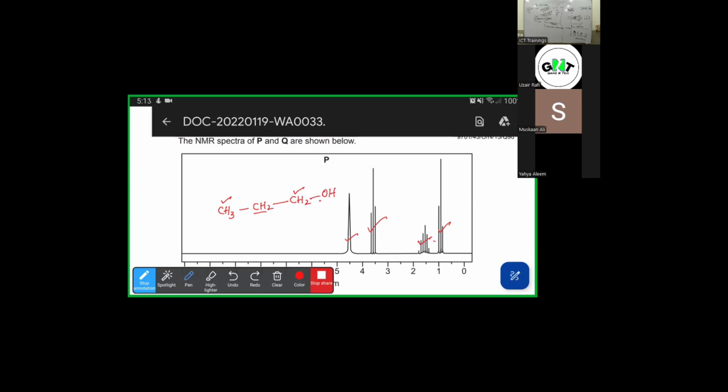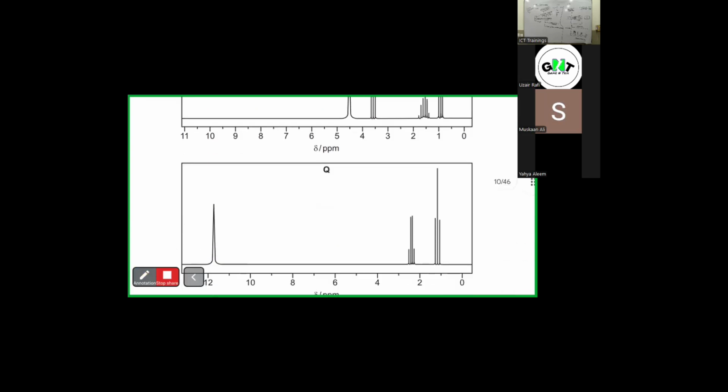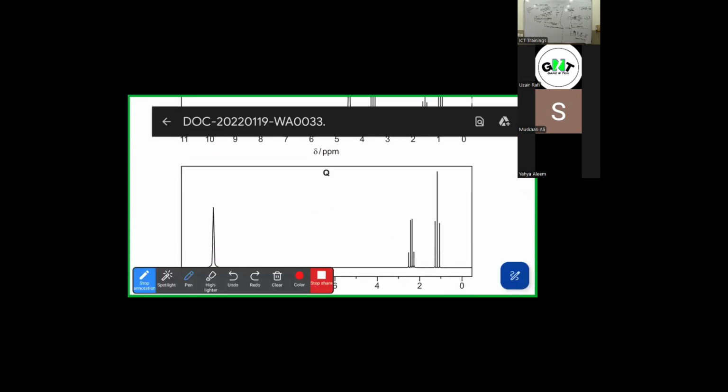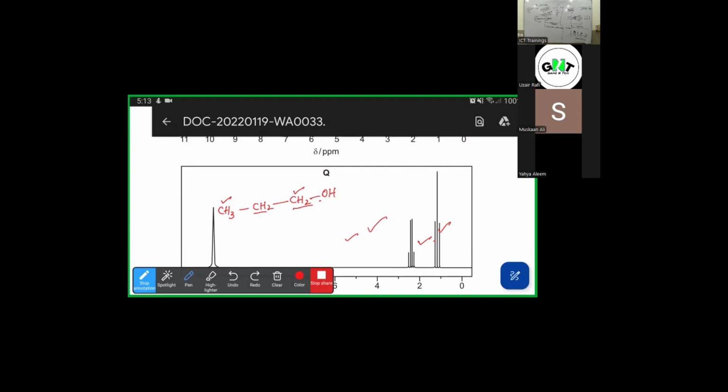Okay. So the next thing he is saying, we will get the next step when we oxidize the alcohol. So this alcohol would oxidize to form carboxylic acid, CH3, CH2, C double bond O, and OH. So have a look up here. This is a triplet and this is a quartet, triplet and quartet. Okay, and then this is the singlet.